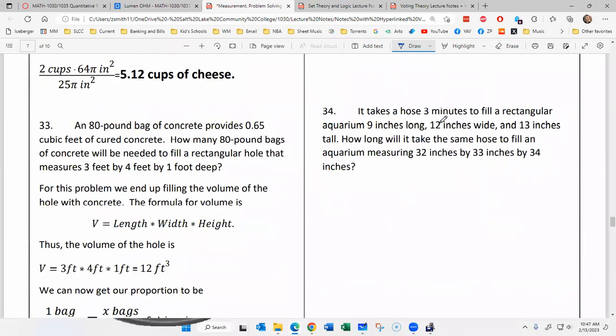A rectangular aquarium. This is length, width, height. This is volume. So we find the volume. This will be cubic inches. What's the volume of this aquarium?